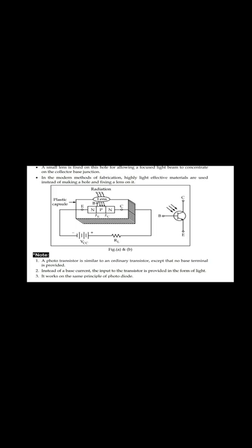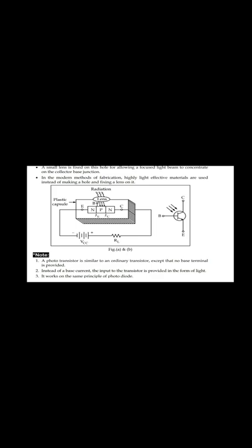As soon as the light source is applied to the phototransistor, it starts conducting and amplified current starts flowing through the collector.